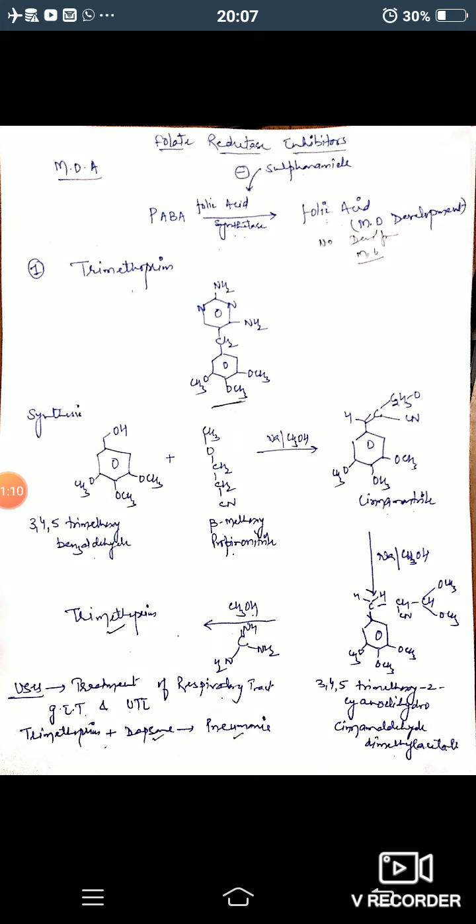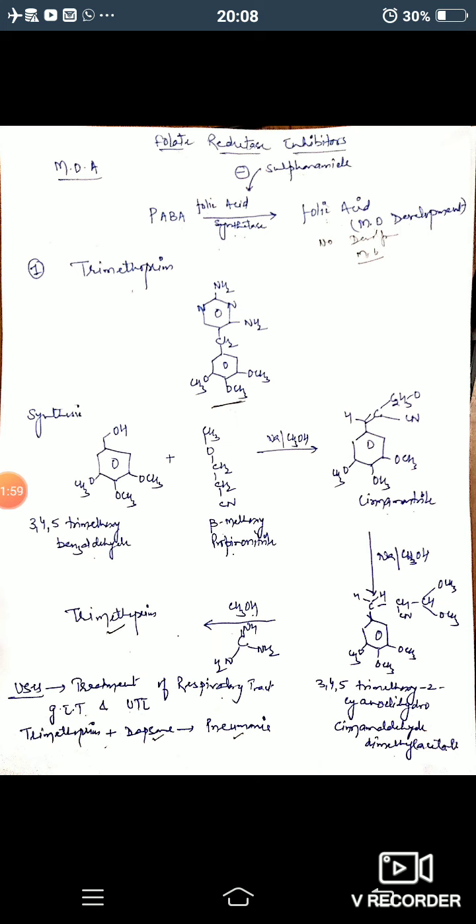Now we will take the examples of the folate reductase inhibitors. The first example is trimethoprim, and the general structure is given in the picture. Then the synthesis of trimethoprim: when 3,4,5-trimethoxybenzaldehyde is reacted with beta-methoxypropionitrile in the presence of methanol, it is converted into cinnamonitrile.